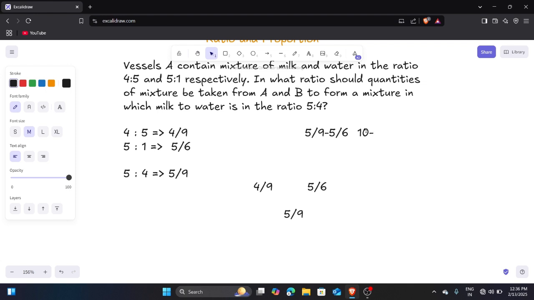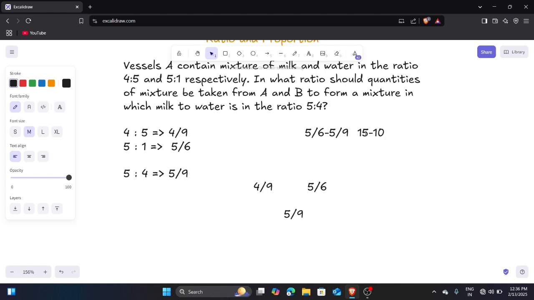Yeah, 15, so 3. I had done something wrong. Here it is 6. We have to subtract 5/9 from 5/6. Yeah, so then here it is 15. Yeah, and here it is 10.